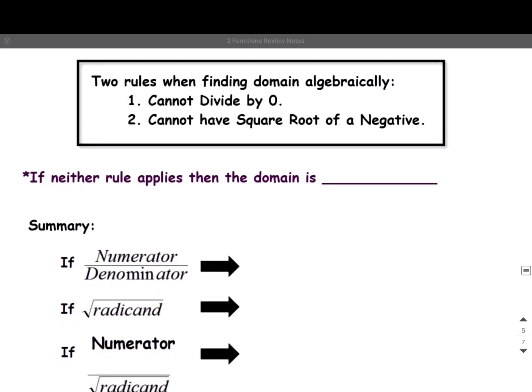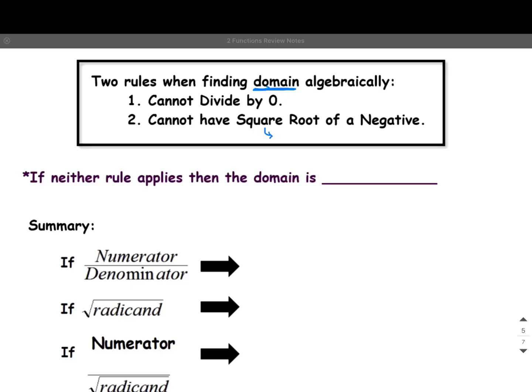So there's a couple things to remember when you're finding domain algebraically. First, you cannot divide by 0, and you cannot take the square root of a negative. You can take the cubed root of a negative, but you cannot take the square root or the fourth root or the sixth root.